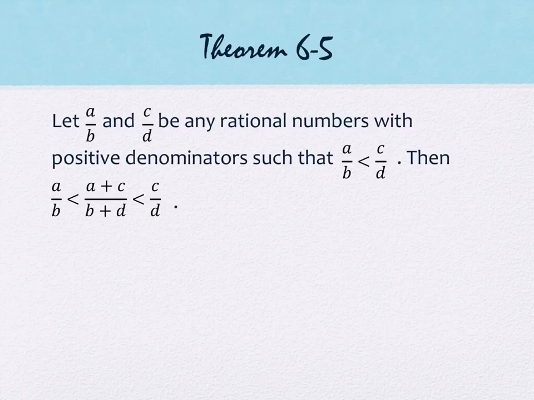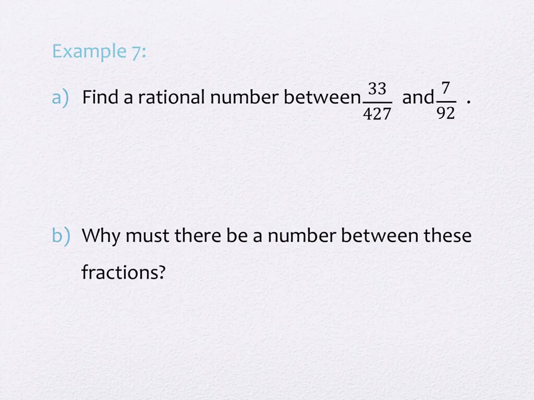And the example we're given is exactly one of those cases where I would not want to add those fractions together and divide by 2. That would be horrendous. Those are terrible looking fractions. But theorem 6.5 tells us we don't have to. It says we can add the two numerators together, so 35 and 7, and add the two denominators together, 427 and 92.